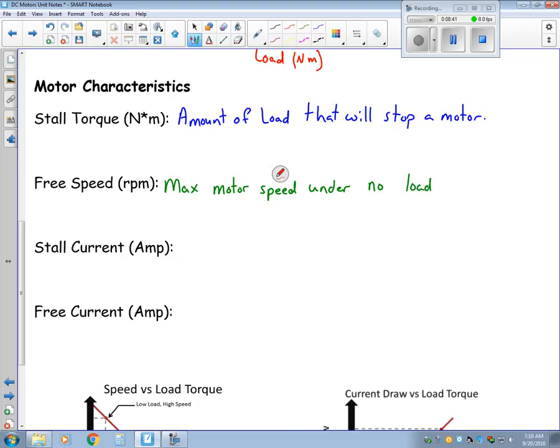The stall current, remember that as you increase load, the motor draws more current from a battery. So this is the amount of current that the motor draws when it's stalled.